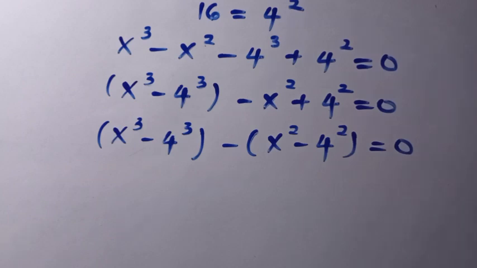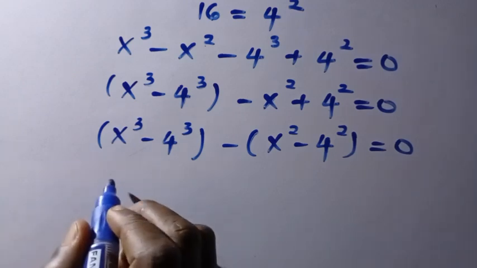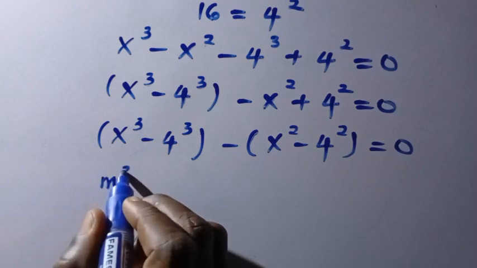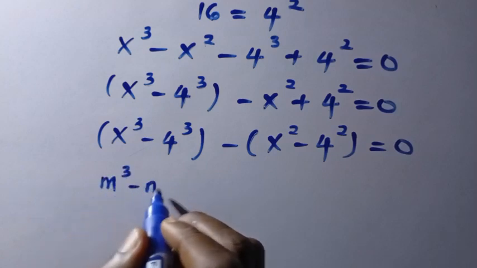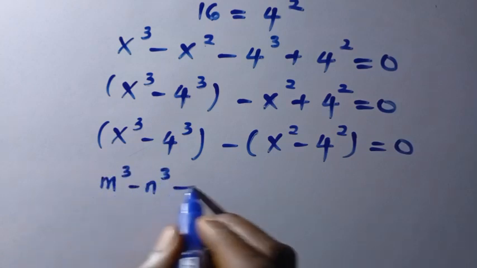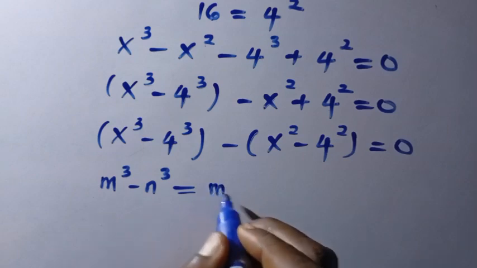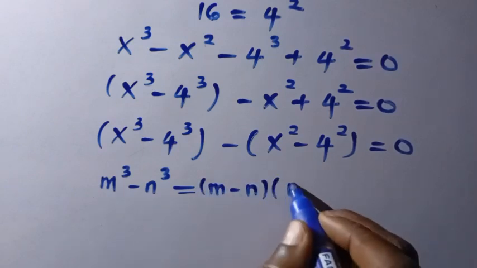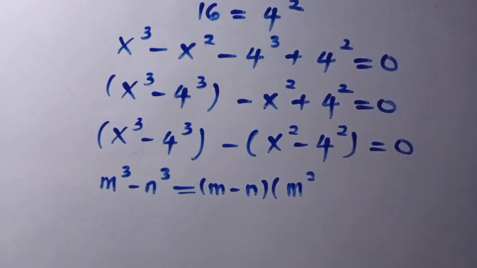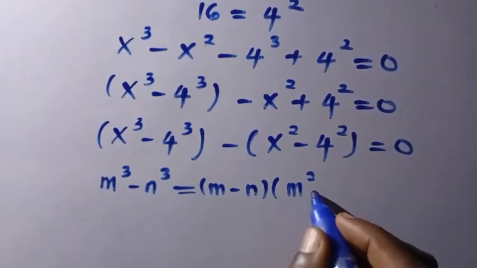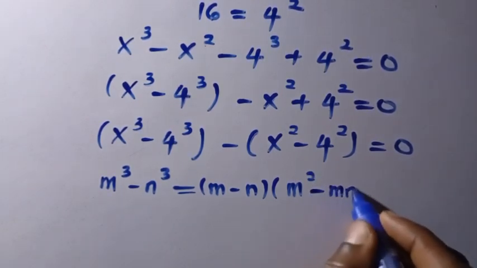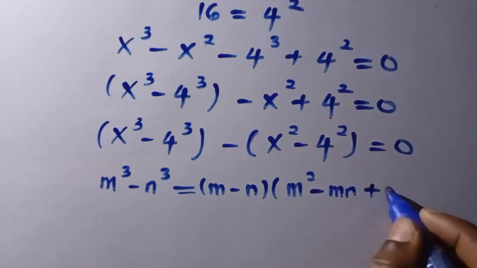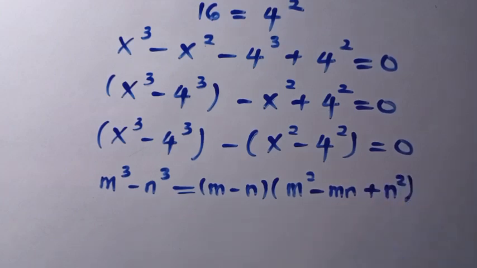So there are two identities we are going to consider from here. Suppose we have m raised to power 3 minus n raised to power 3. This equals m minus n multiplied by m squared minus mn plus n squared.